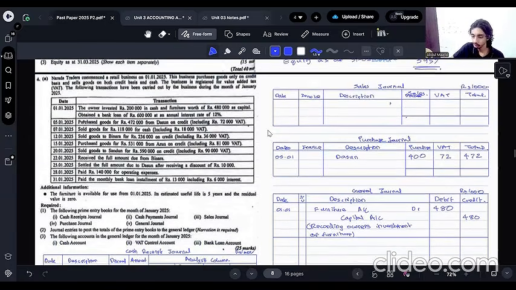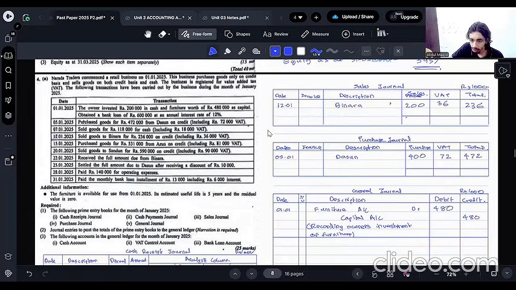So you go to the sales journal, 12th of January, sold goods to Binara for 236 total including a VAT of 36, then the sale value will be 200.